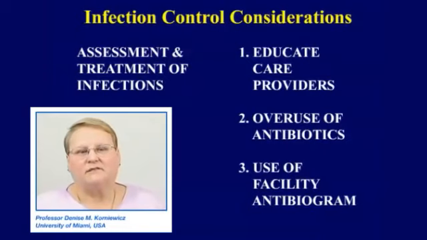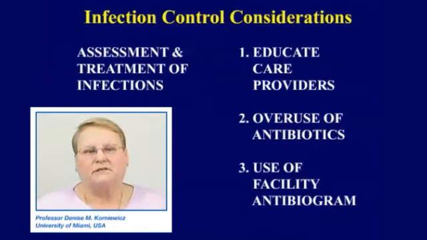And last, we have to facilitate what are known as antibiogram programs, which means programs where we know specifically the organism that's causing the infection and treat routinely for that particular organism.